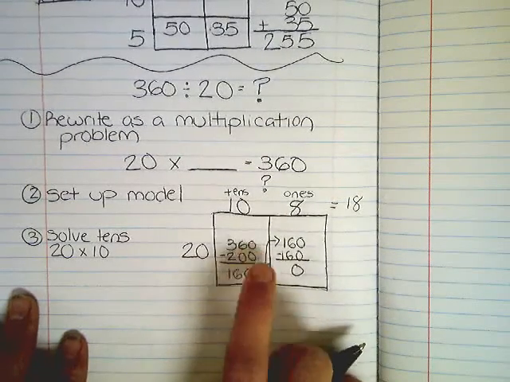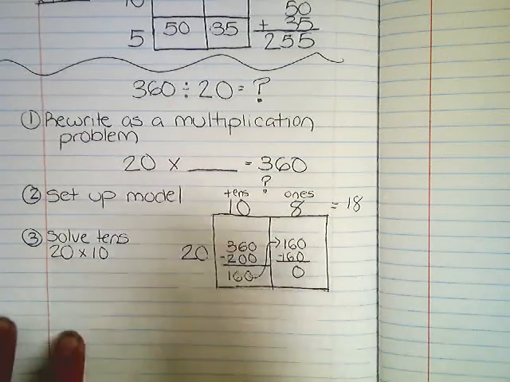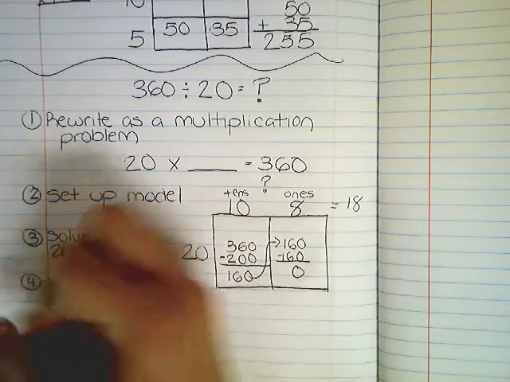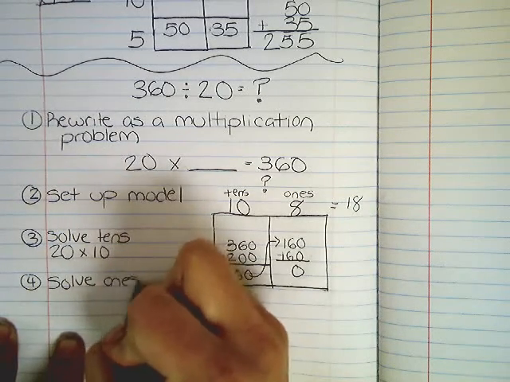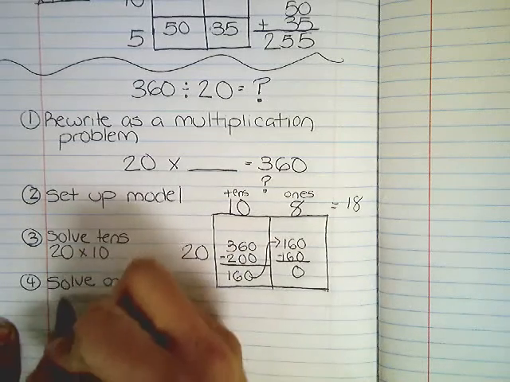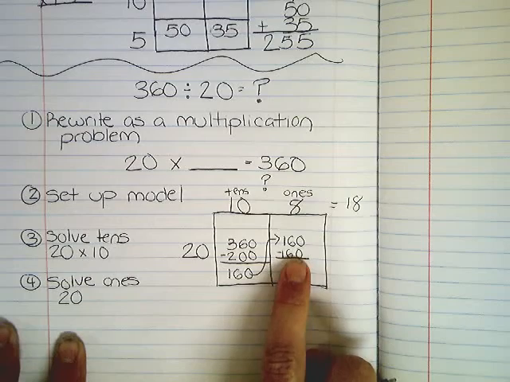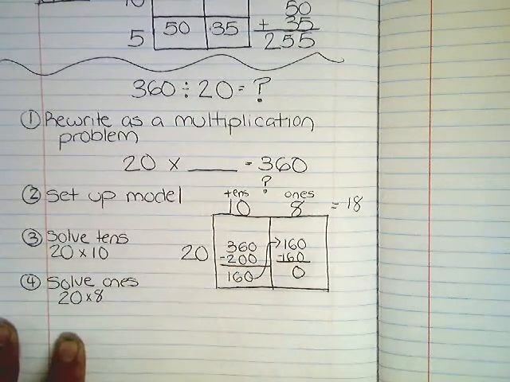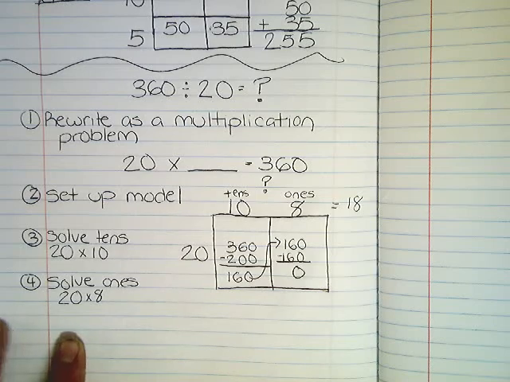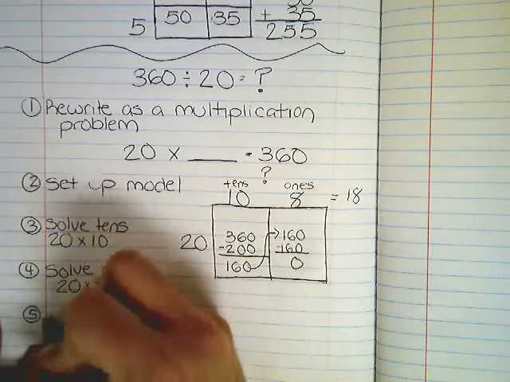So 360 minus 200 was 160. That's what led us to step 4. Solve the ones. 20 times what will get me close to 160? 20 times 8. And the last step, check our work.